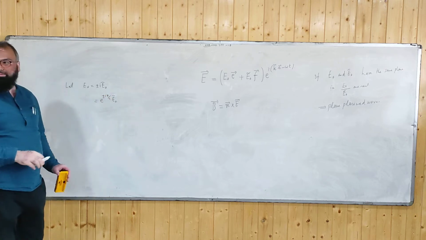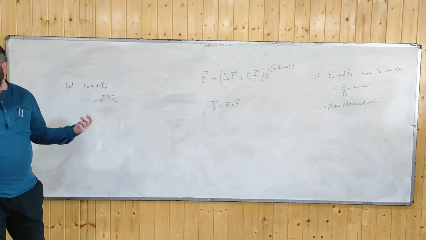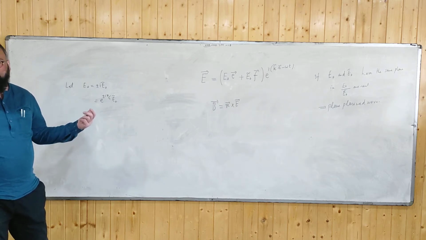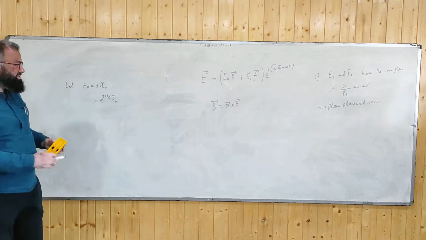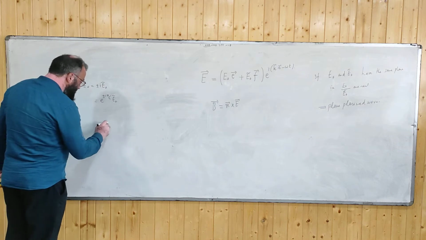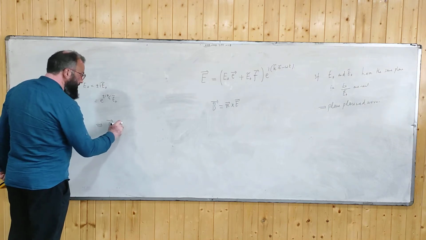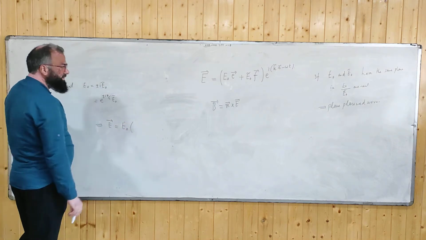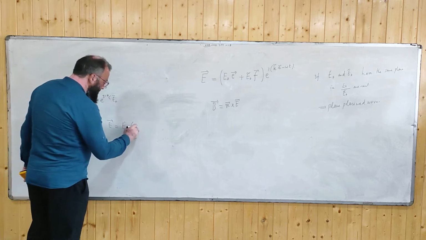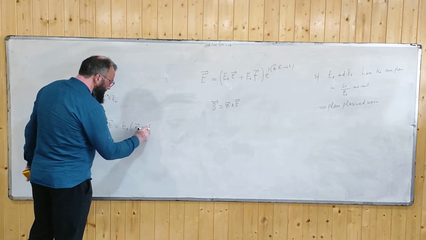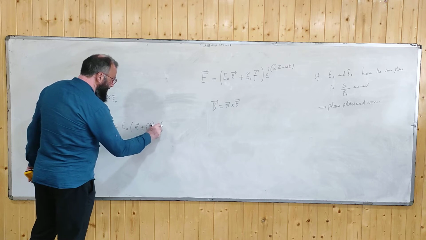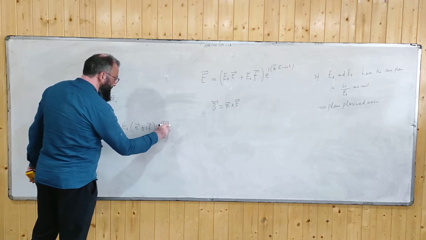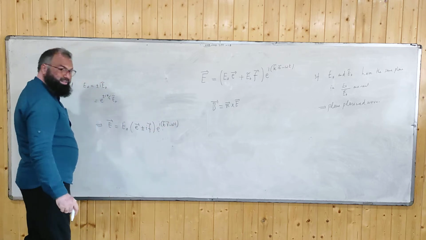So that means the phase difference between these two vectors is how much? Pi by 2, is it? Clear? Okay, now let's substitute it there. What will you get? You will simply get this E vector to be equal to E0 times (E plus or minus i F) e raised to the power i(k dot r minus omega t).